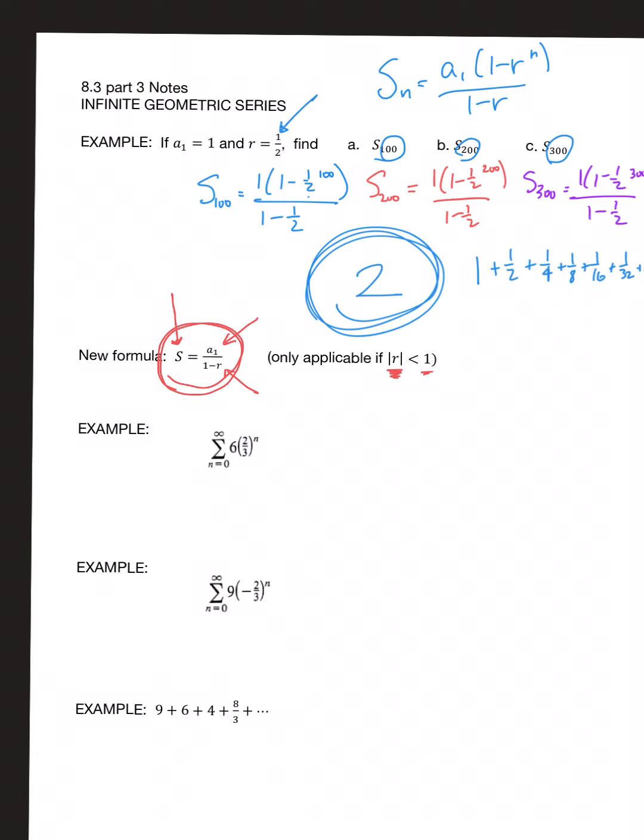Before I even start this example, notice that it's asking me to expand this forever. That's what that infinity means. You're going to plug in 0, then 1, then 2, then 3, and keep going forever.